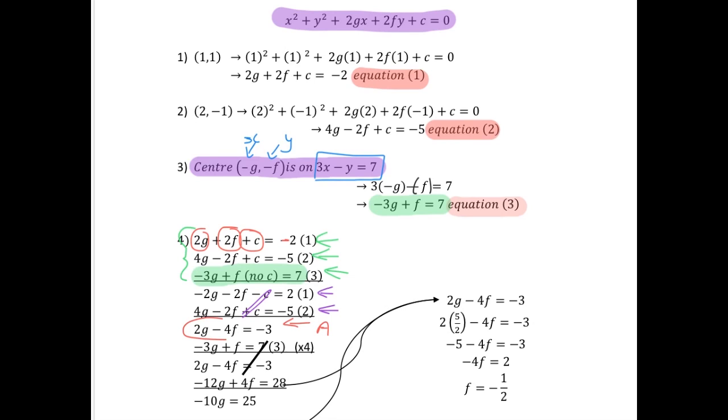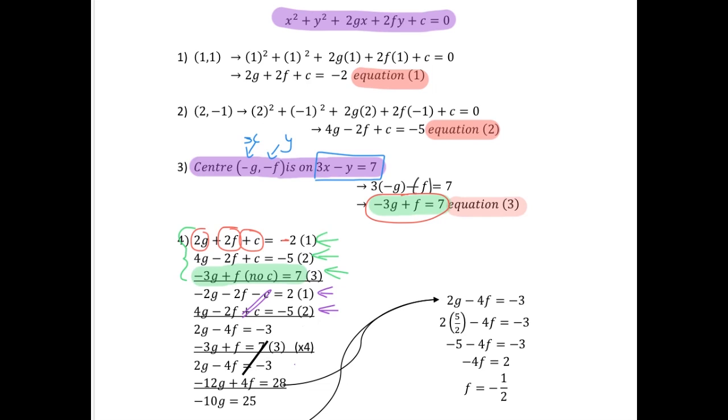We see that it has just g and f in it, and we recall that our equation 3 only had g and f in it as well. So if we write it down here, we have our -3g + f = 7. We have 2g and -3g, and we have -4f and +2f. So the easiest way would be to get rid of our f by multiplying our second equation by 4.